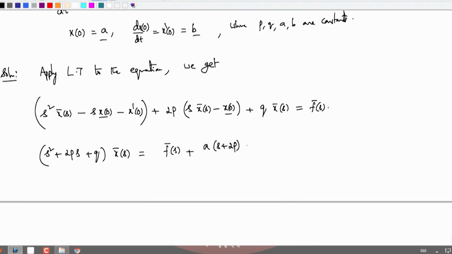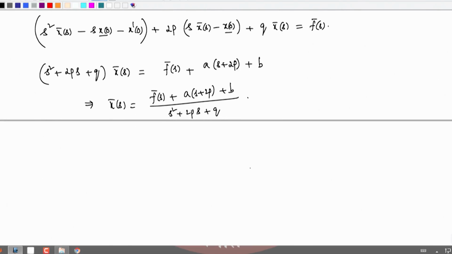So, you have plus b, that is it. This implies x bar of s is f bar of s plus a times s plus 2p plus b, divided by s square plus 2ps plus q.